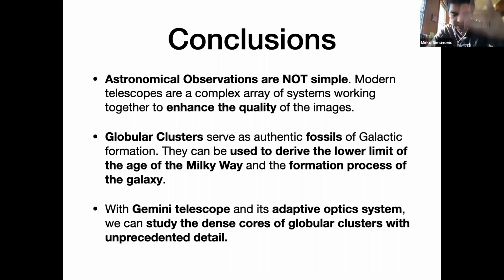So when you measure the tip of the red giant branch, or the brightest stars in a cluster, they are in the asymptotic giant branch, and the tip of that branch, the brightest point of the color magnitude diagram, gives you a measure of the distance.